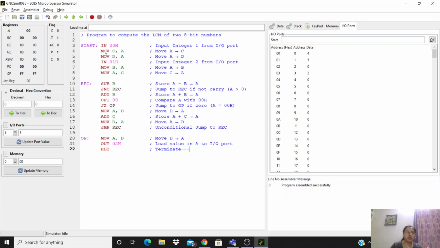If we run this program, the value in the second IO port is 20 as expected, which is the LCM of 5 and 4. So we can compute the LCM of two 8-bit numbers by using this code in the GNU simulator. This code can also be found in the GitHub link provided along with the video.